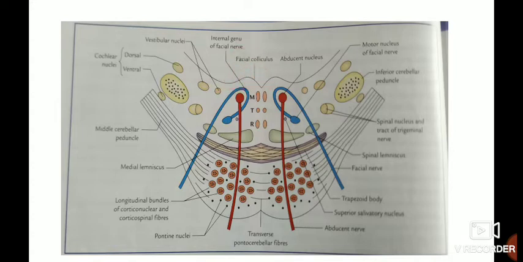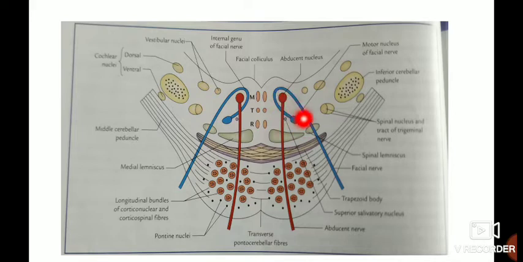At this level, we see gray matter. Among the gray matter, we have the abducens nucleus. It lies behind the facial colliculus, right in the floor of the fourth ventricle, just lateral to the medial longitudinal bundle.